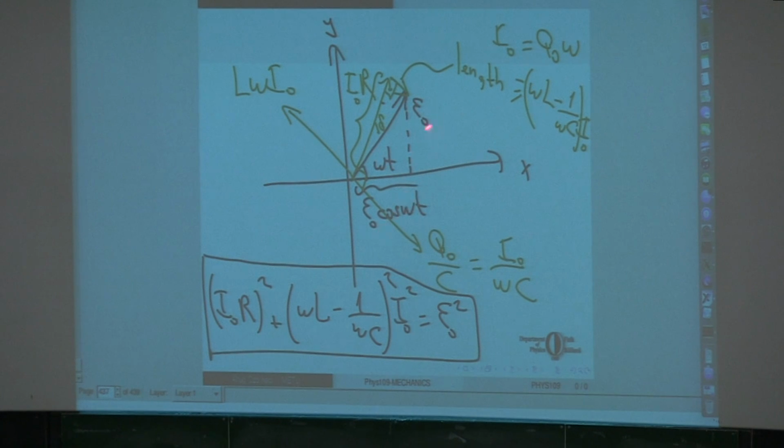If you look at tangent of this angle delta, it is just this side divided by this side from the right triangle again.